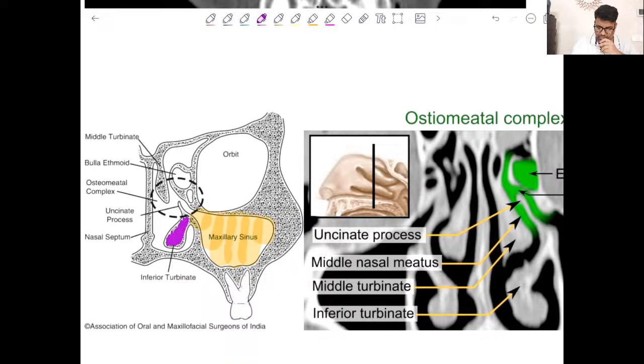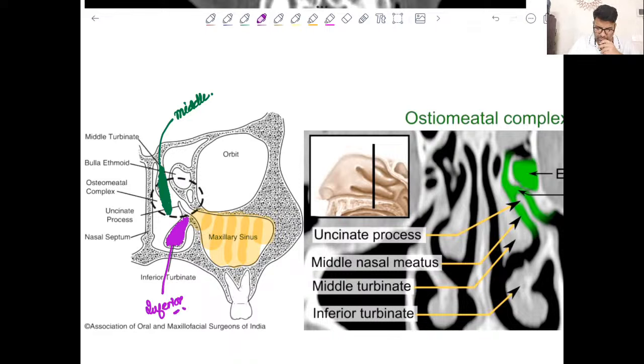Then above that we have the middle turbinate, which extends somewhat like this. This is the middle turbinate, and this is the inferior turbinate.